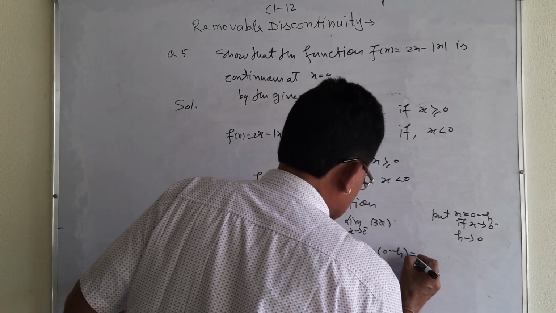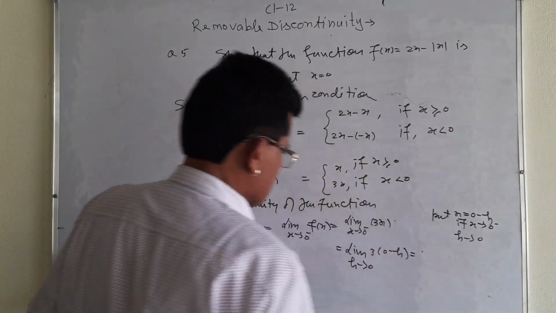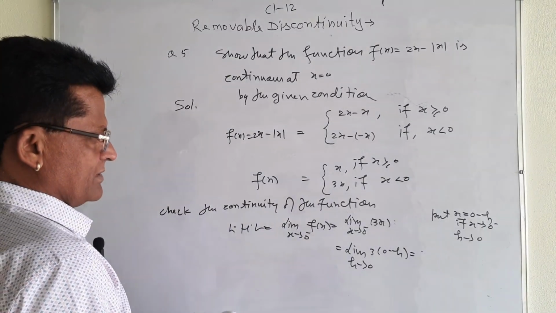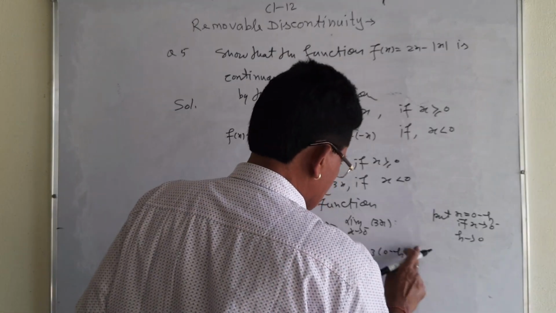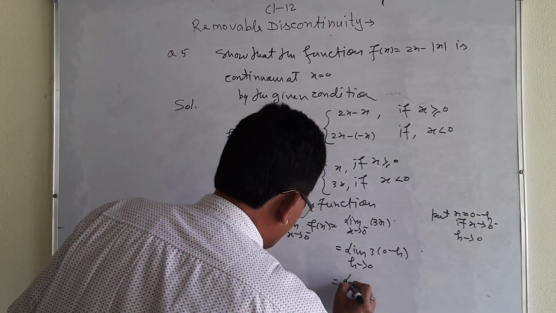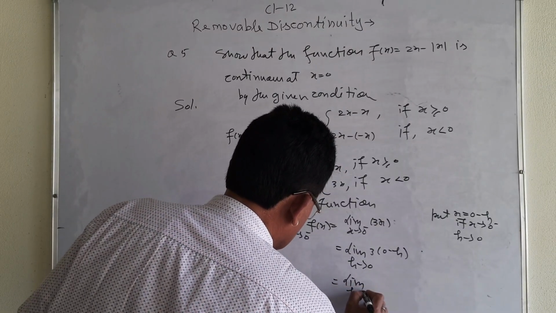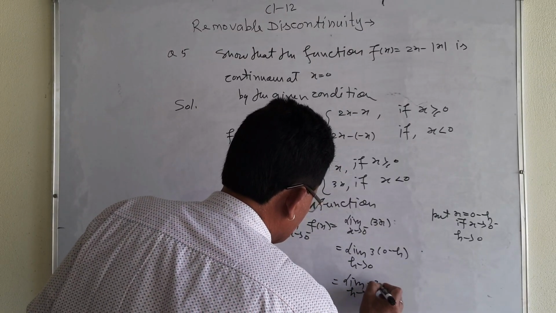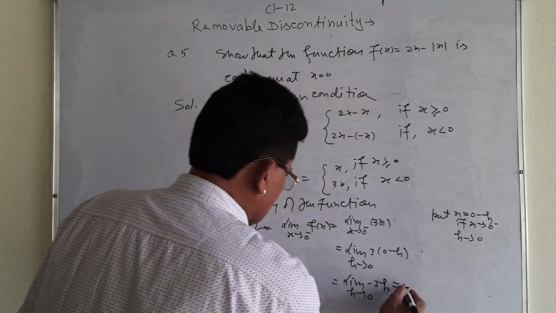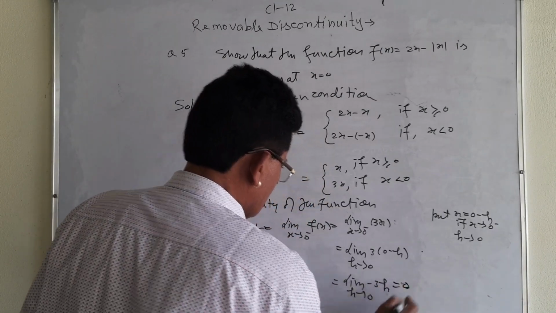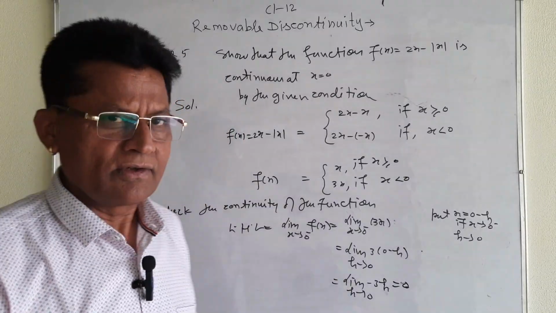My dear student, you take the limit. Let me write one more line so that there is no confusion: minus 3h. If you take the limit, it will become 0. Means left hand limit is equal to 0.